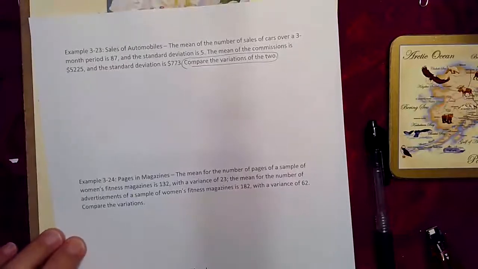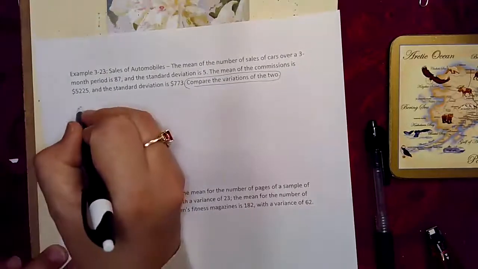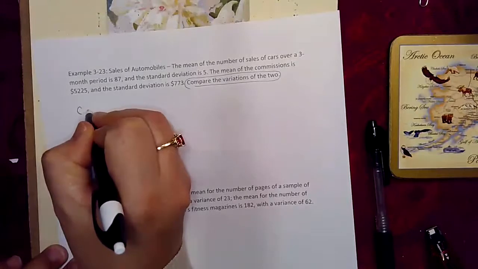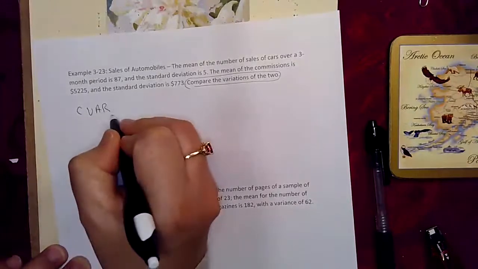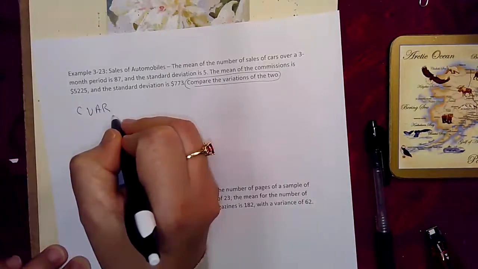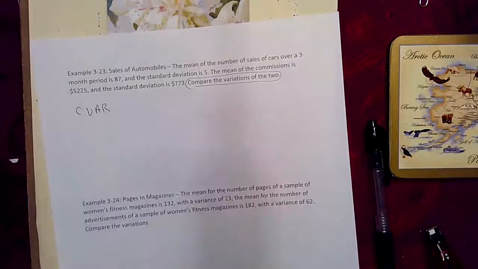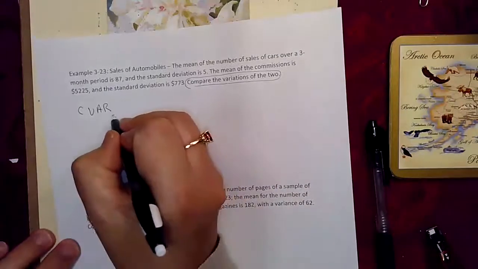Here we're looking at the number of sales and commissions. These people are receiving commissions. So you can say something like CVAR, and I'm going to put here sales of cars, a little subscript.